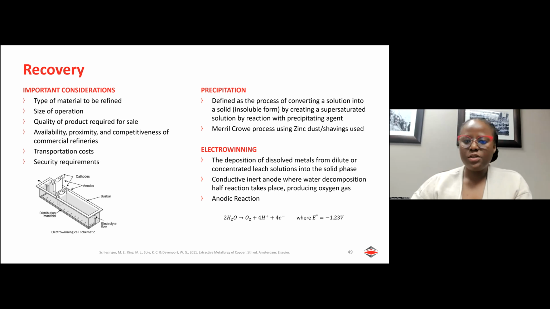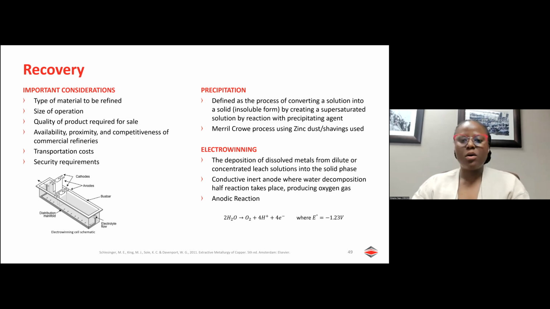The important thing to consider is the type of mineral that you are going to be refining, security requirements around the handling of your high-grade concentrate material, and the product quality and the purity of the gold that you are producing.